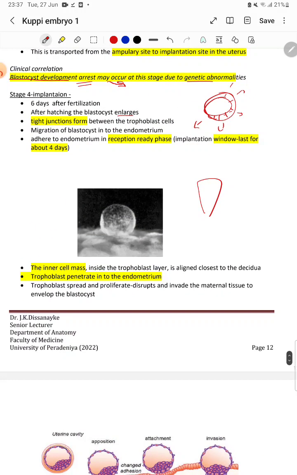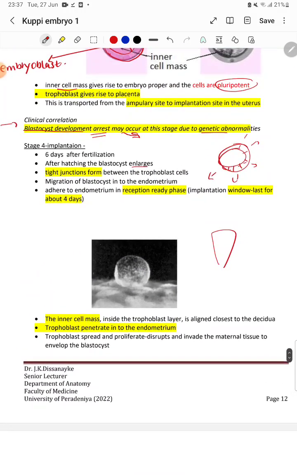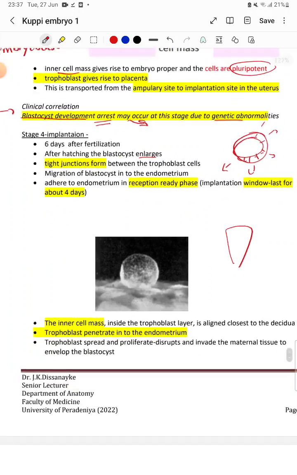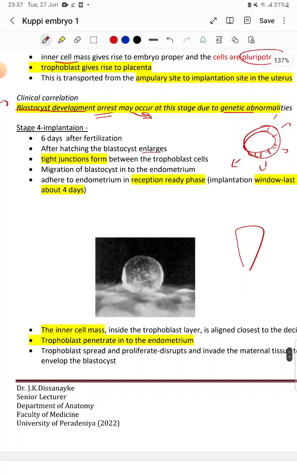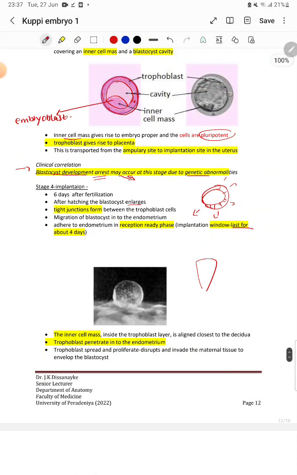So that's one thing to remember, and also adhering to the endometrium, since implantation occurs at the endometrium. The endometrium itself has to be quite ready to receive the embryo. At this point, it's the blastocyst. Sorry, so it has to be ready, and this window occurs for around 4 days.